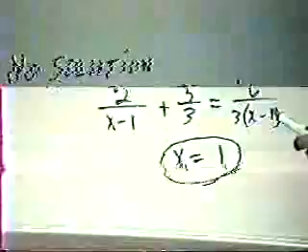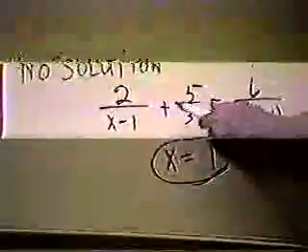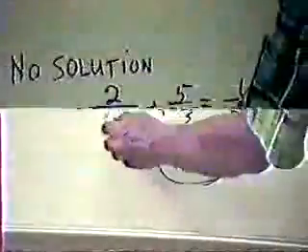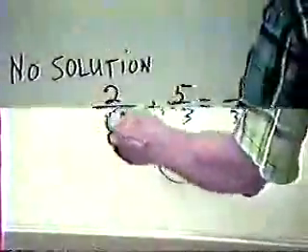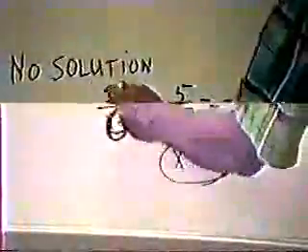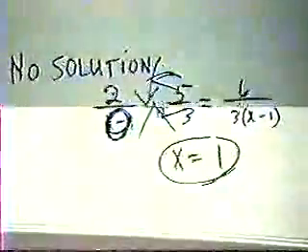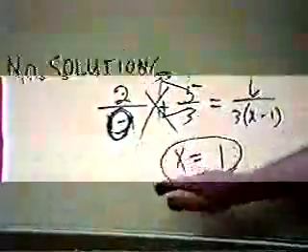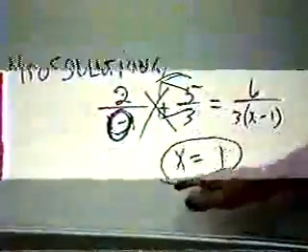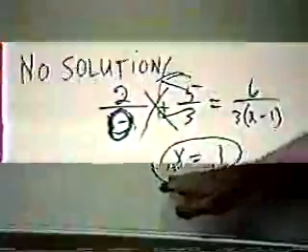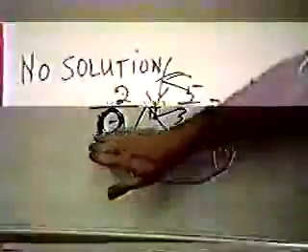But if you go plug a 1 back in the original equation, you put a 1 here and you got 2 over 1 minus 1, which is 0. 2 divided by 0? Nope. Cannot divide by 0. Therefore, this is not a correct answer. Even though your arithmetic and all your algebra worked, it means there is no answer to this original equation.